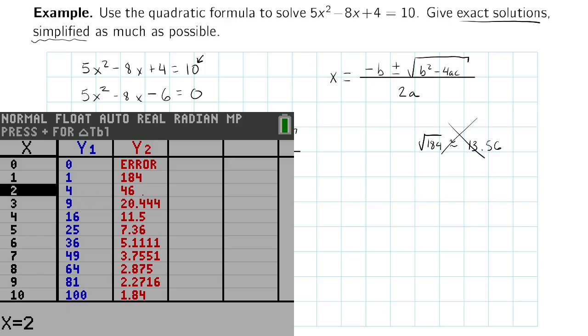So I'm going to say the square root of 184 is the square root of 4 times 46. So that's the square root of 4 times the square root of 46, which is 2 times the square root of 46.